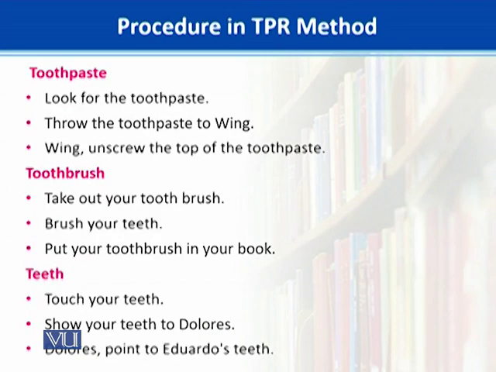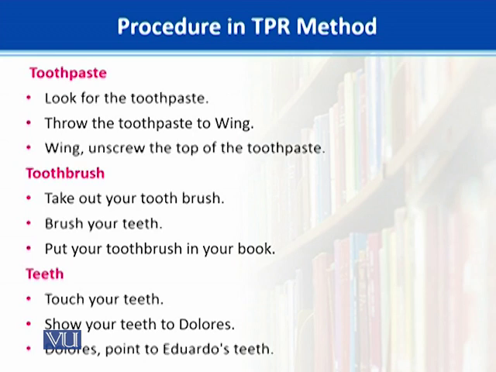If the teacher wants to introduce certain other linguistic items, for example, toothpaste, toothbrush, or teeth, again, the examples that are given by Asher for the imperatives are here. For example, for toothpaste: look for the toothpaste. Throw the toothpaste to Wing. Wing, unscrew the top of the toothpaste. So, different learners would be asked to respond to different commands.